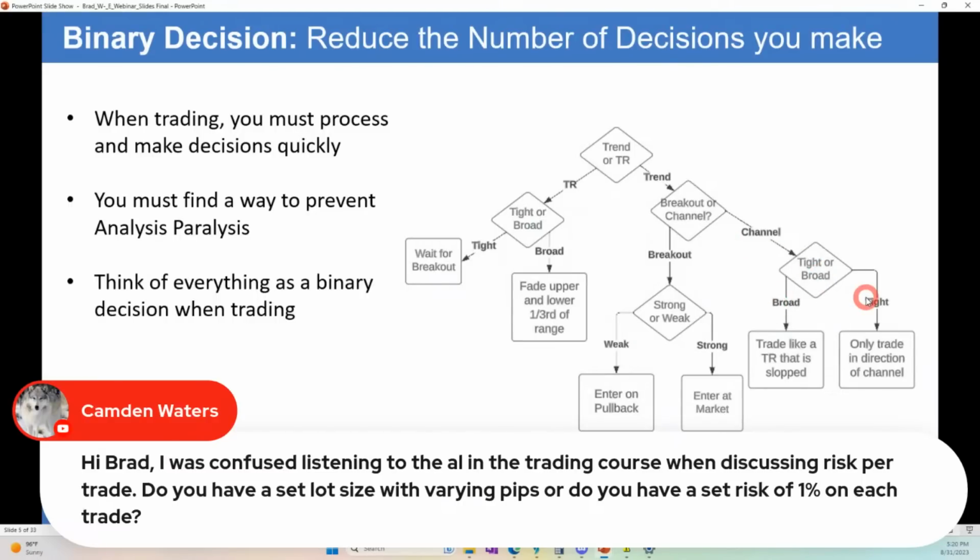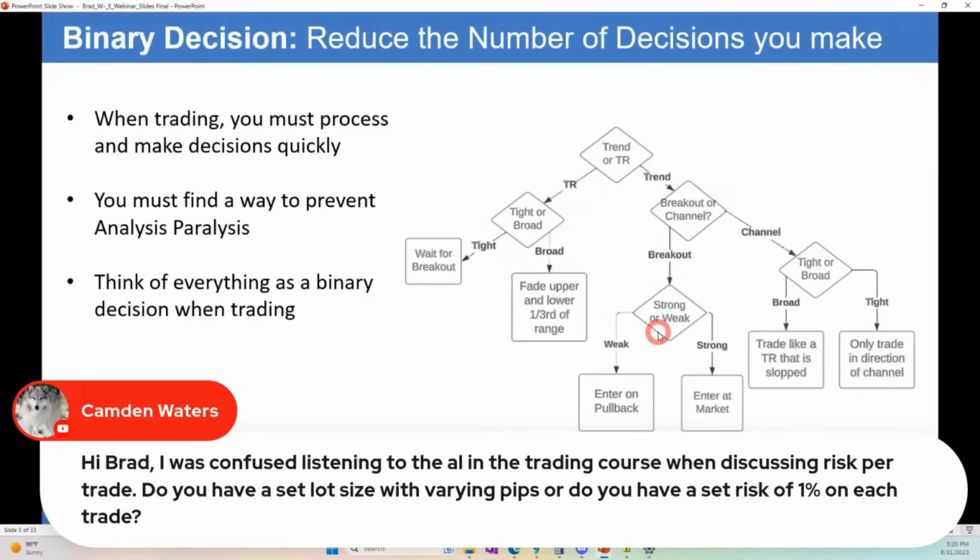And the point I'm making with this is, this is one decision you have to make on every bar. And then there's a second layer. That's a second decision. And then there's a third decision down here. So for me, if, let's say, we have a breakout, there's one decision I have to make, there's a second decision I have to make, there's a third decision.